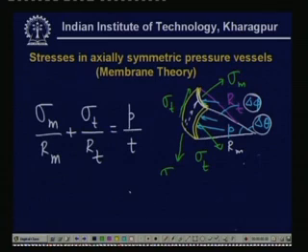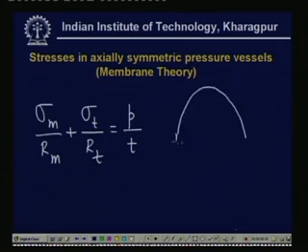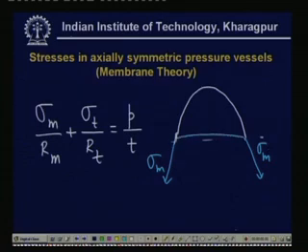Now, how to get the other expressions? Remember, if you consider the other cross section, the longitudinal cross section, that is, if you have a cylinder here, you take a cut across here. So, what you have is sigma m acting over here, sigma m is acting over there, and what is the expression now here?